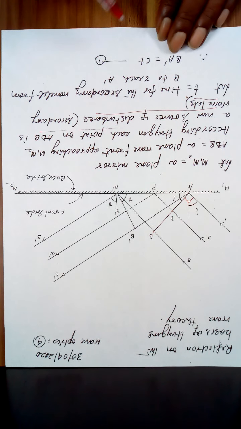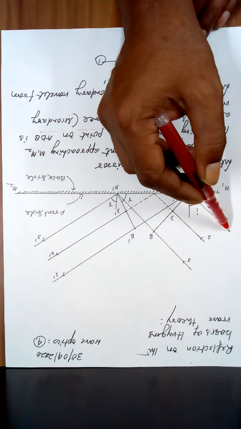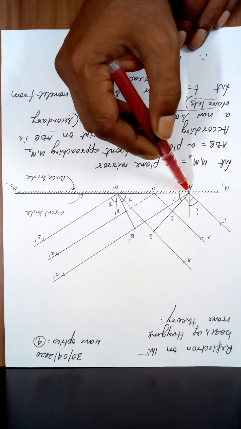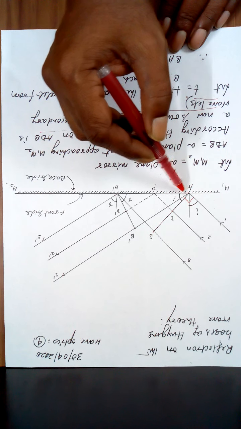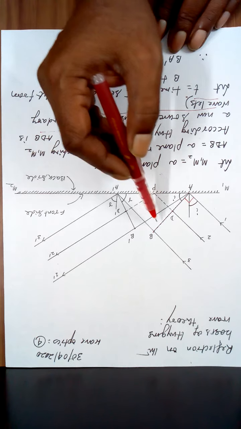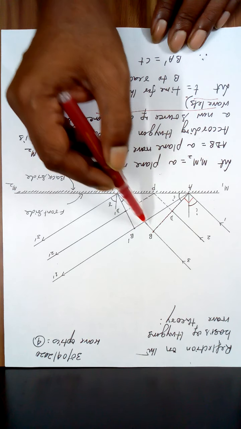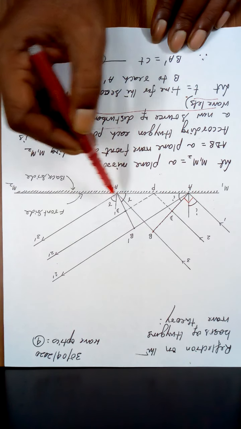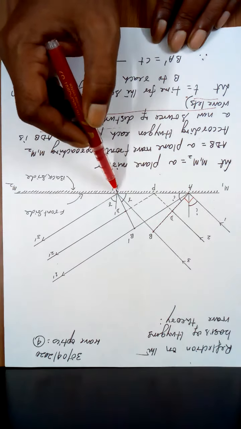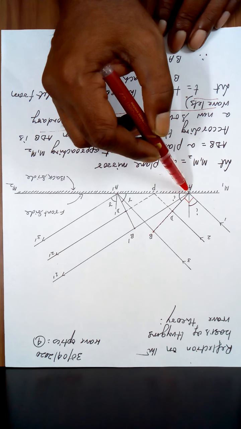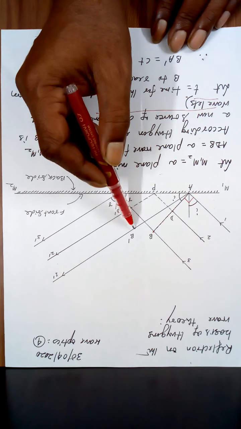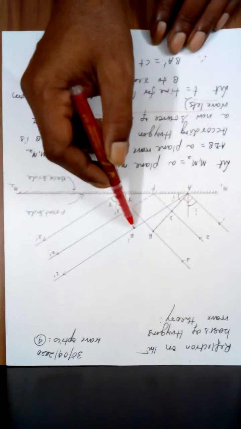Now look, first this part will arrive at A and will be reflected, and when B arrives at A dash, traveling a distance BA dash, the disturbance from A must have traveled to this side. Let it be AB dash. We will discuss how much is AB dash.